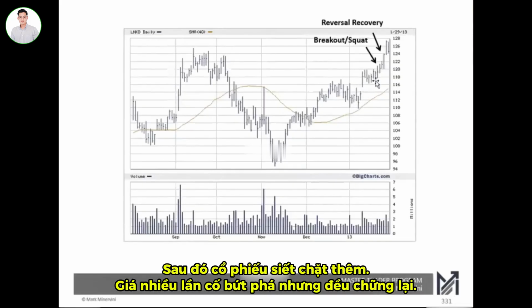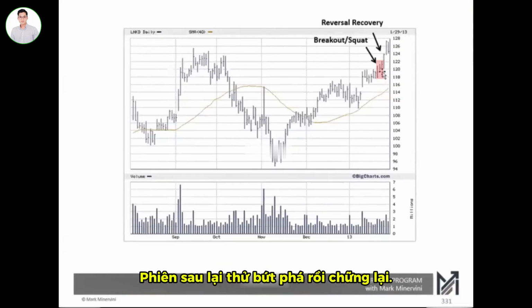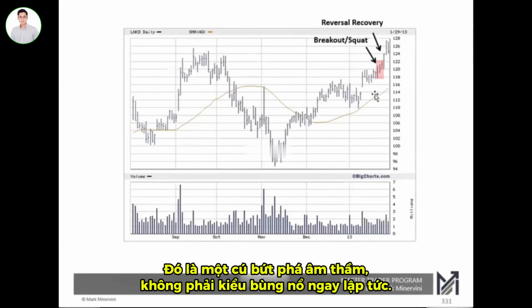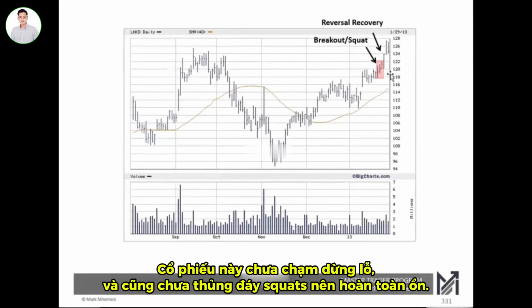But then it tightened up a bit more. It started to come out, but then it stalled. It didn't come out on that day. Next day, it tried to come out again, stalled a little bit again. It just sort of stalled its way and wedged up, and then finally it started coming out here. But see, it's a quiet breakout. It wasn't a real quick, fast breakout, but it never hit the stop and never put any pressure, never even took out the low of the squat. So that's fine.